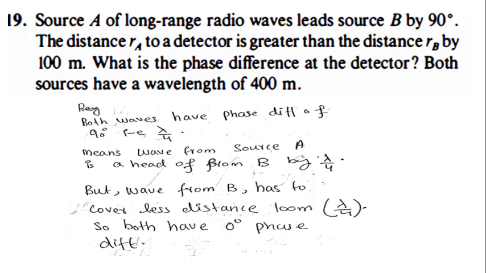Here lambda is equal to 400, so lambda by 4 is equal to 100 meters. So the wave from A is ahead by 100 meters, but it has to travel an extra distance of 100 meters, so both have zero phase difference. This is a very simple problem. Therefore both will be in phase.